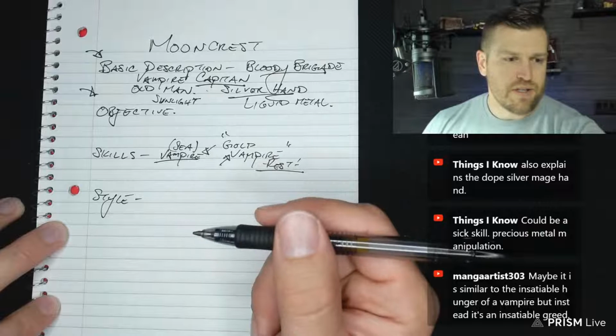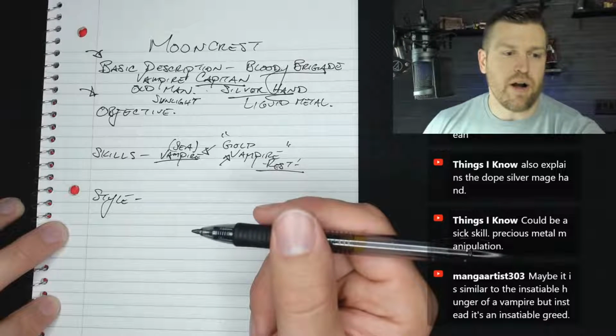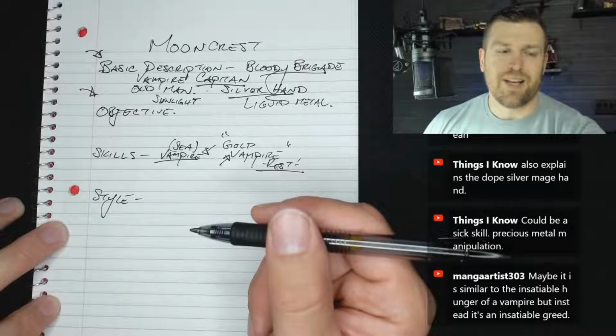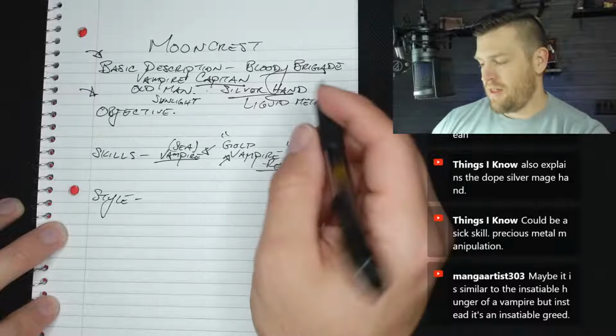Manga says maybe it's similar to the insatiable hunger of a vampire, but instead it's an insatiable greed. Yeah, I think that's going to be really good. Maybe cursed by a god sort of thing.